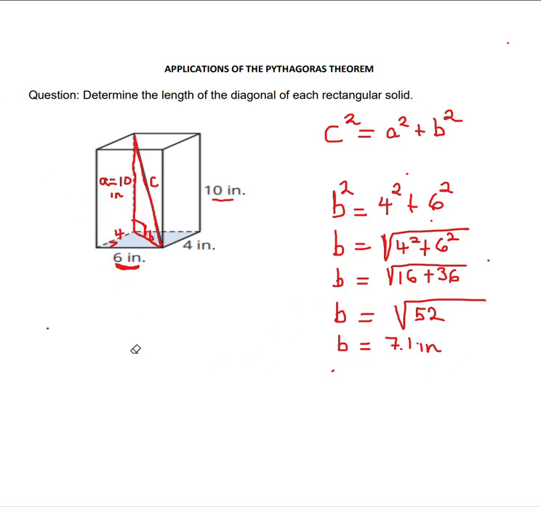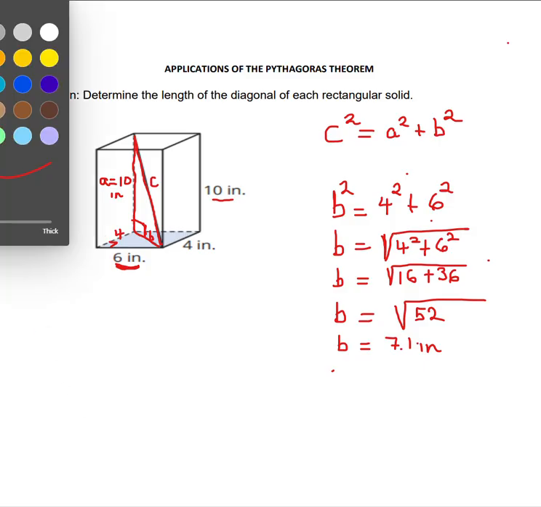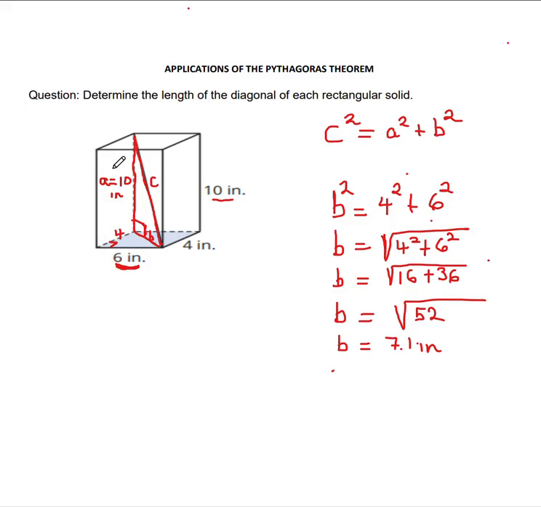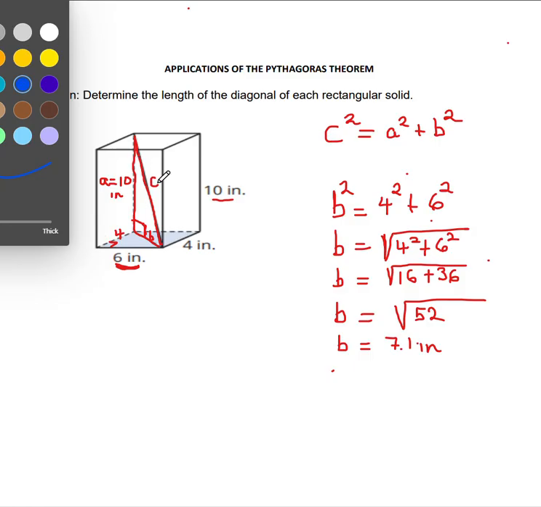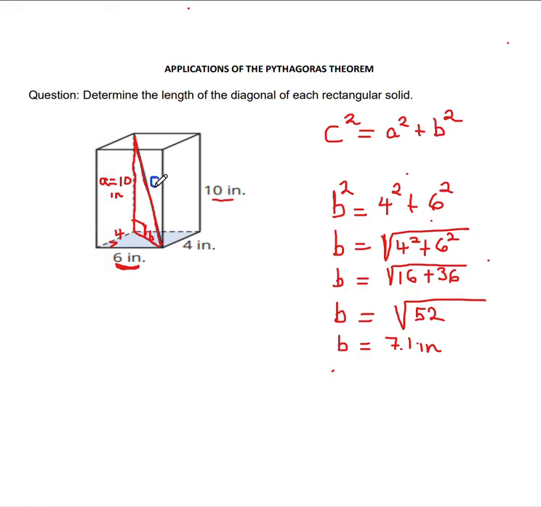Now, since we know that B is 7.1 inches, then we now know A, 10 inches, which we earlier discussed, and now B, 7.1 inches. So we can now easily find C, which I'm marking in blue.